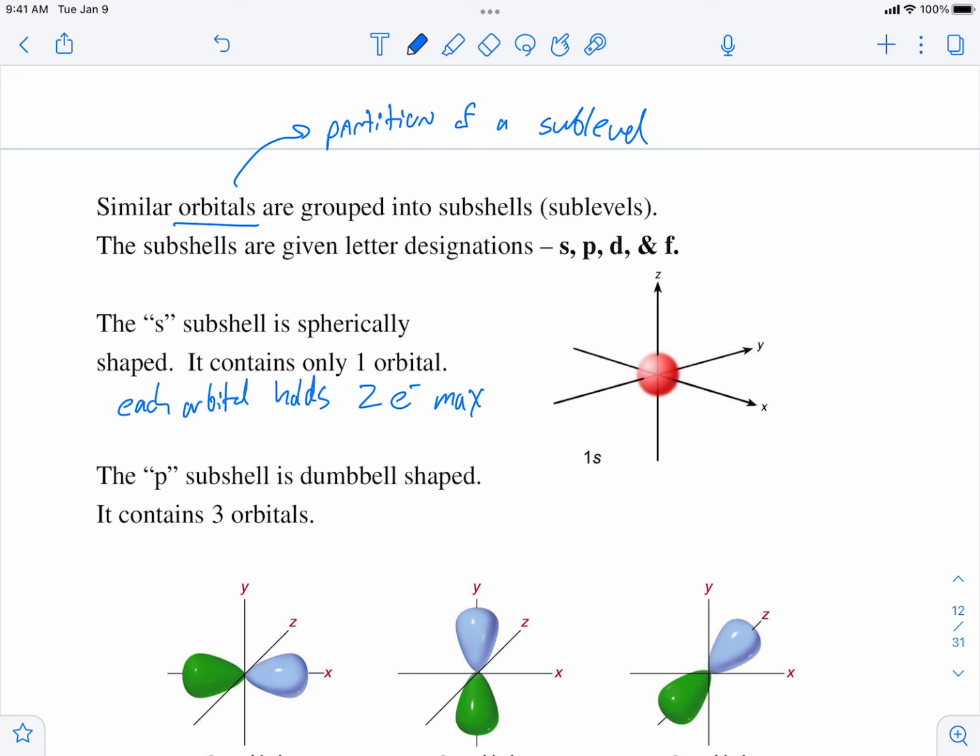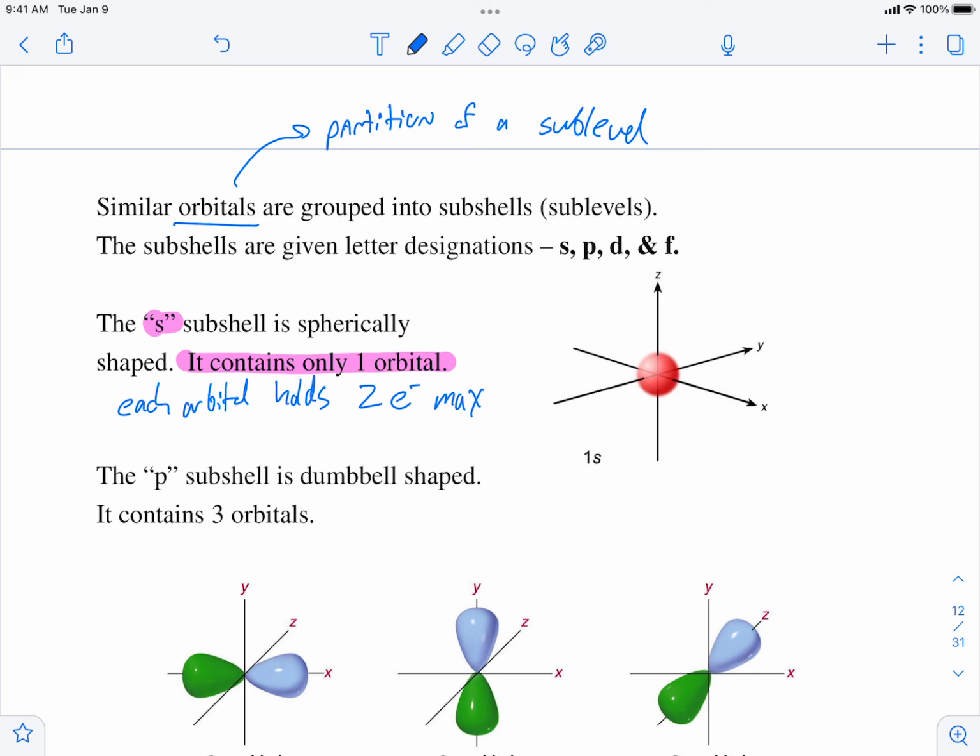So, when we look at our S sublevel, it contains 1 orbital, and that explains why S only holds 2 electrons, because there's only 1 orbital there, and each orbital only holds 2 electrons.